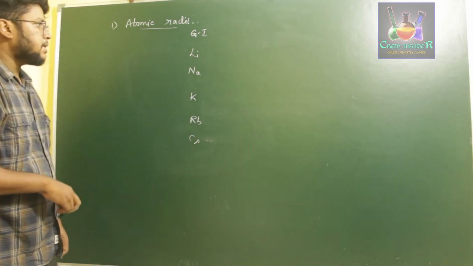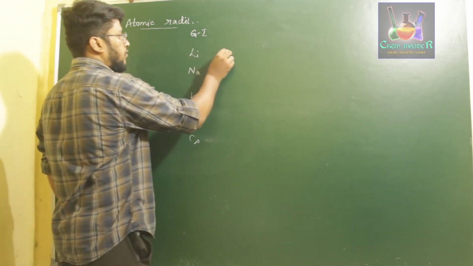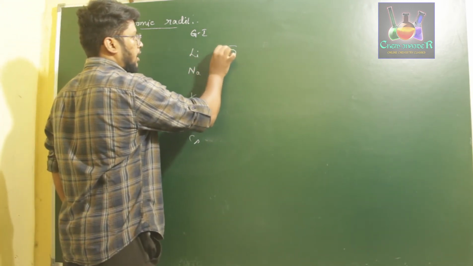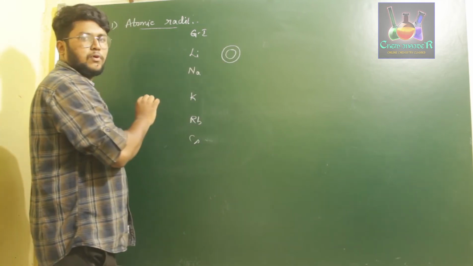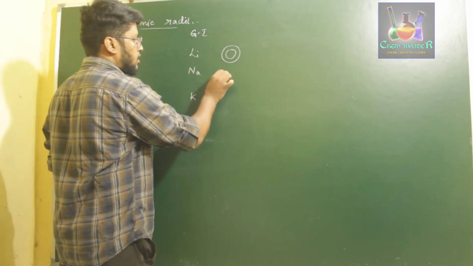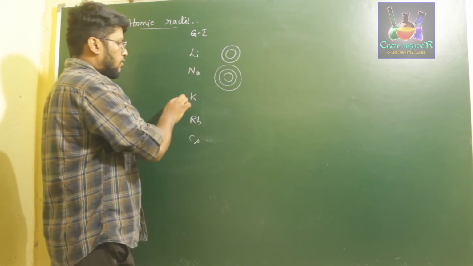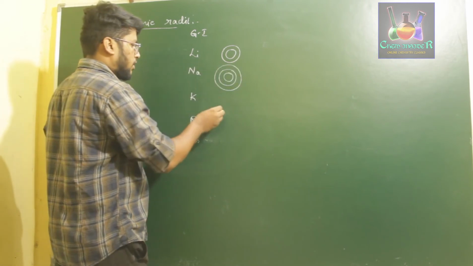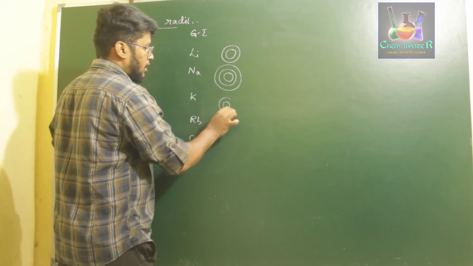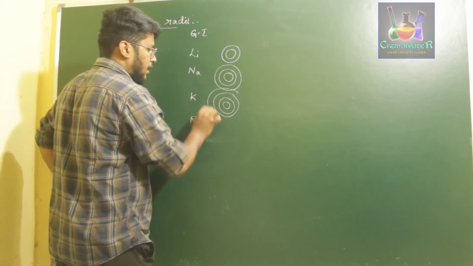For lithium we have two shells, K and L. For sodium we have three shells, K, L and M. For potassium we have four shells, K, L, M and N.